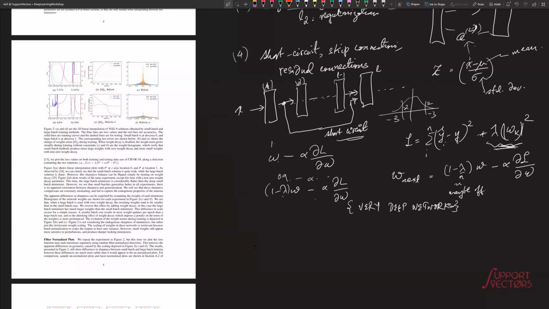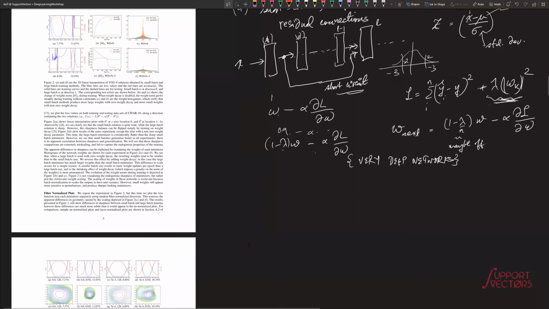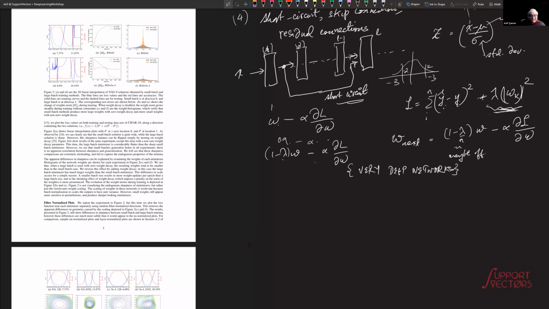ResNet was initially in the hundreds. The first version was 56 and then 101 or something like that. The 101 was the one which won the prize in 2014. So that is the story for this idea of using short circuits.